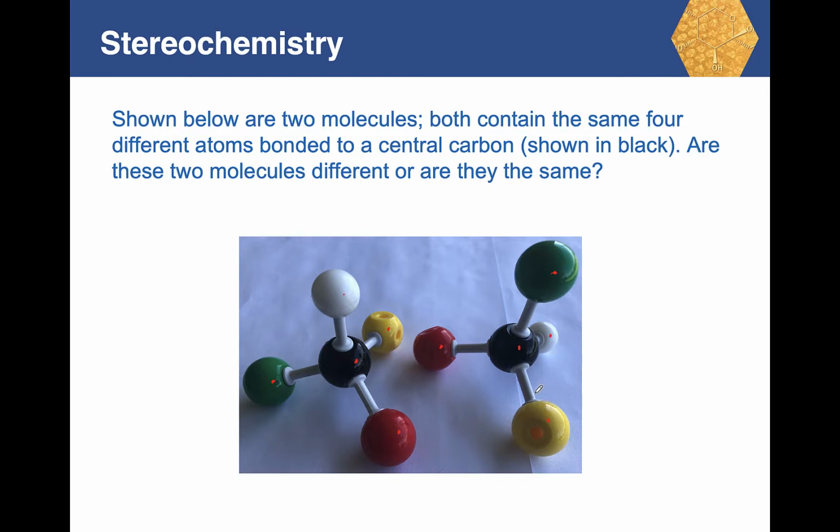So I can ask the same question here. Are they the same or are they different? You may say, well, gee, it's the same because it's just what you had in the previous slide. But let us do the application. Are they superimposable on each other?